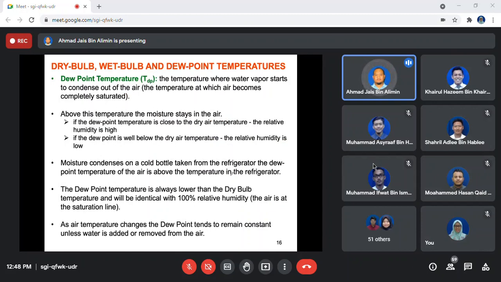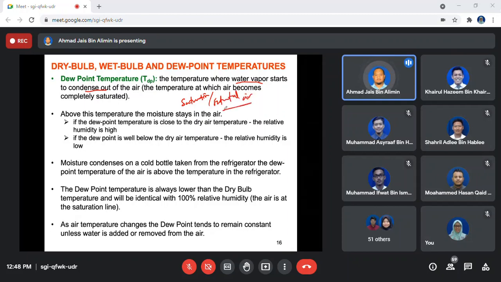The next one is the dew point temperature. This is the temperature where the water vapor starts to condense. We have the condition of what we call saturation, or the saturated air condition.